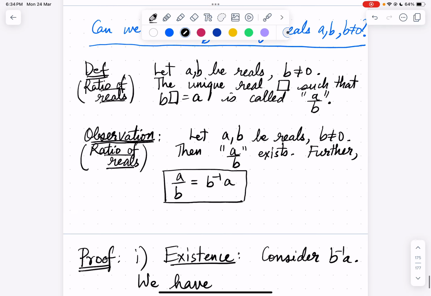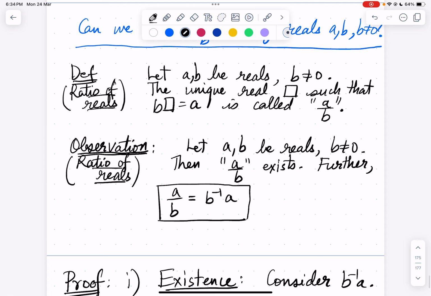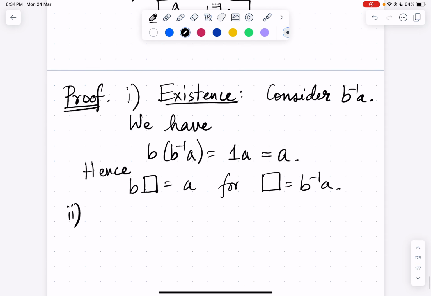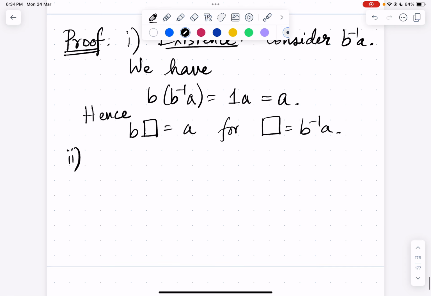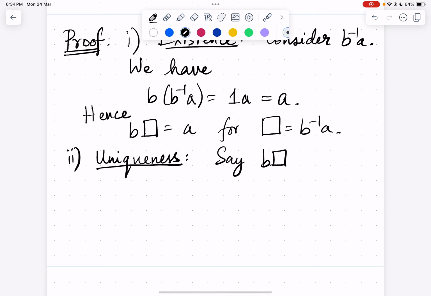So to show that a by b exists, we need to show that this box which we considered, b inverse a, is the unique box such that b times box is a. So we'll show uniqueness. Say b times box equals a for some real box.